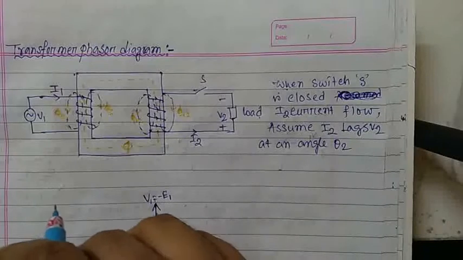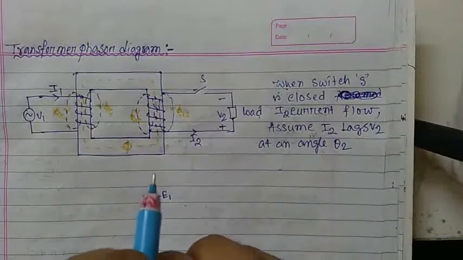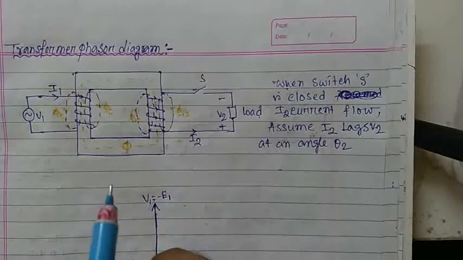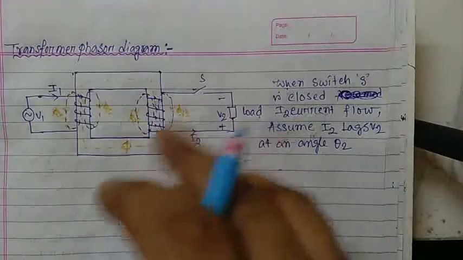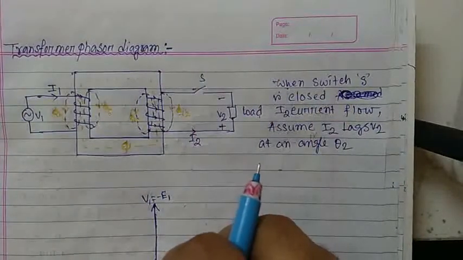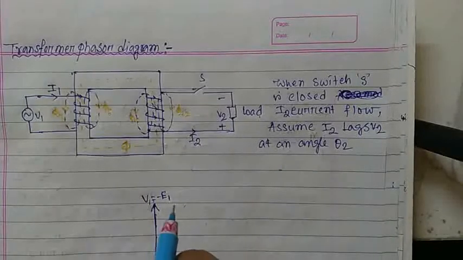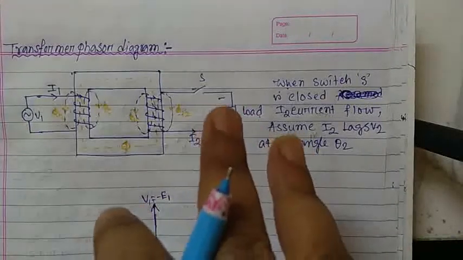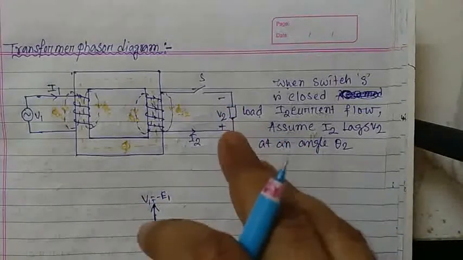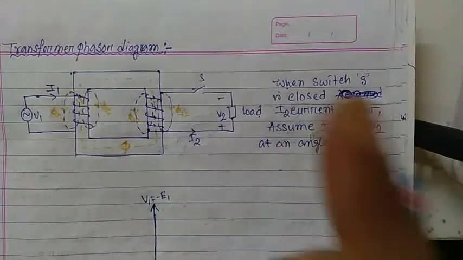Again, in actual practice, the magnetization curve is not linear. Due to this, higher order harmonics are generated. In a phasor diagram, we draw all the quantities at the same frequency.